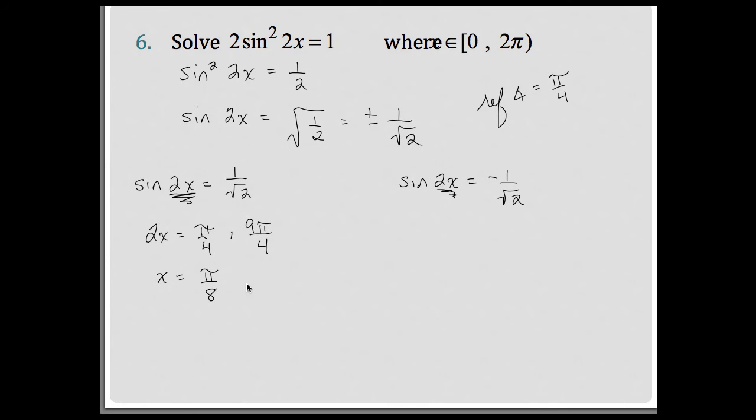When you divide by 2 then, you get 9 pi over 8, which is still another possible answer. So in the end, this one's actually going to have 4 answers. Actually 8, because that's just the first quadrant. All right, all this stuff right here, that's your first quadrant.